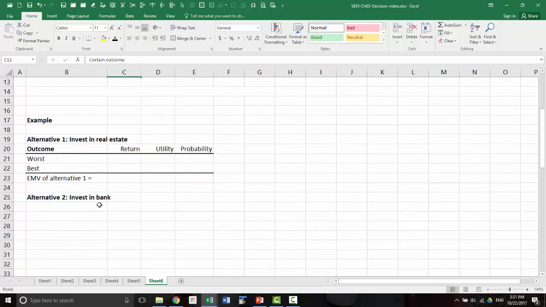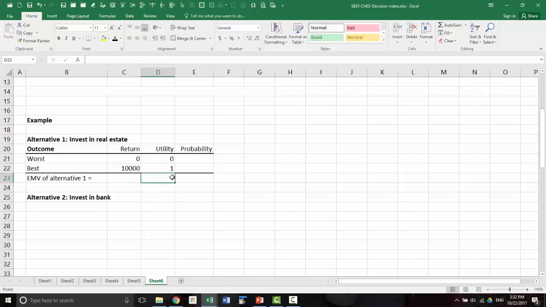Okay, let's look at a numerical example. Suppose we have a possible real estate investment opportunity, and the outcomes are either you make nothing or you make, say, $10,000. In that case, our worst outcome gets a utility of 0.